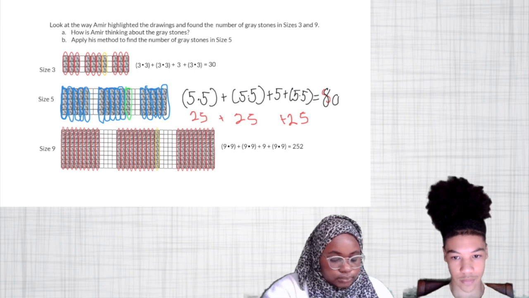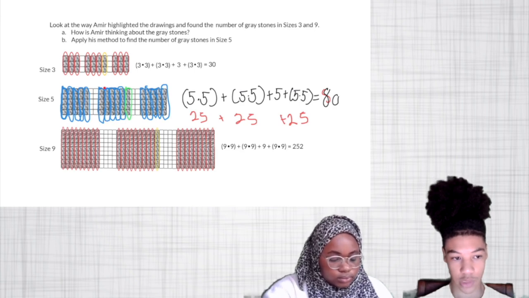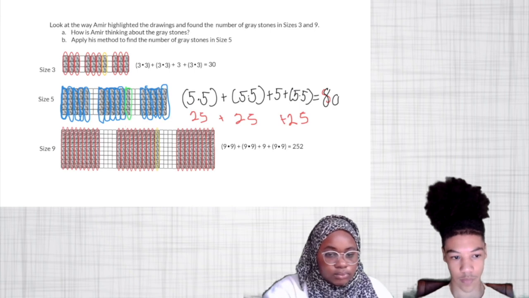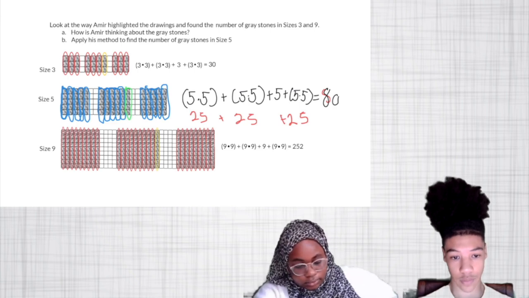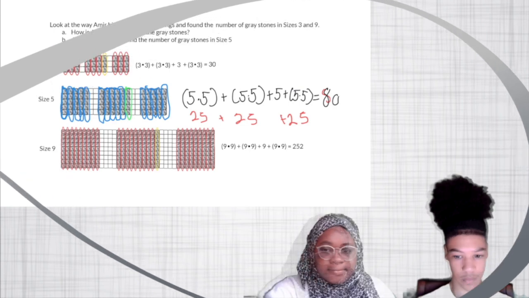So how many tiles are there in this section here? That middle section. In total, including the green column, there would be 30. And how'd you get that? We did the 5 times 5, which equals 25. And then we added 5, which equals 30.